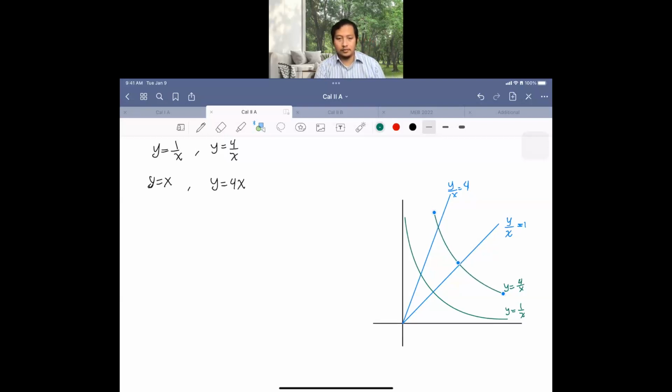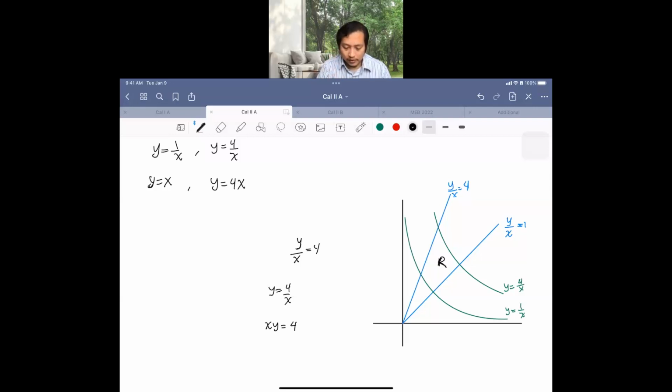Okay. So this is your R. Check all the intersections. y over x equal 4 and y equal 4 over x, or xy equal 4.